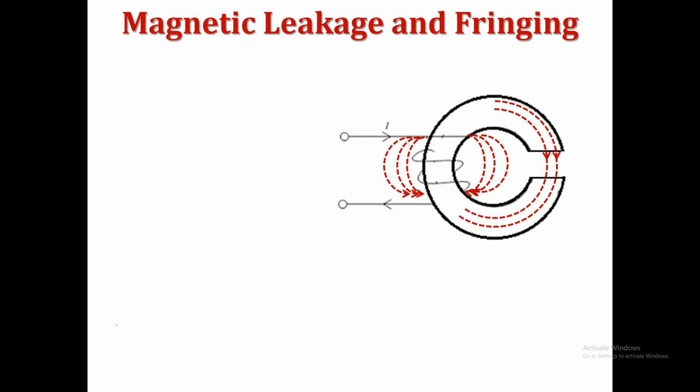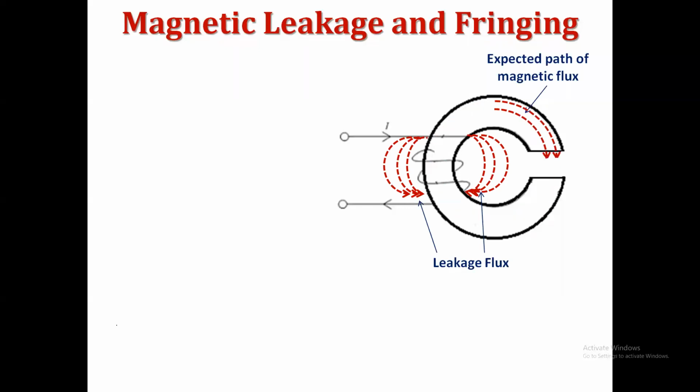Practically, a small amount of flux will not take the desired path, and that is the leakage flux. So this is the desired path of the magnetic flux, and this one is the leakage flux.